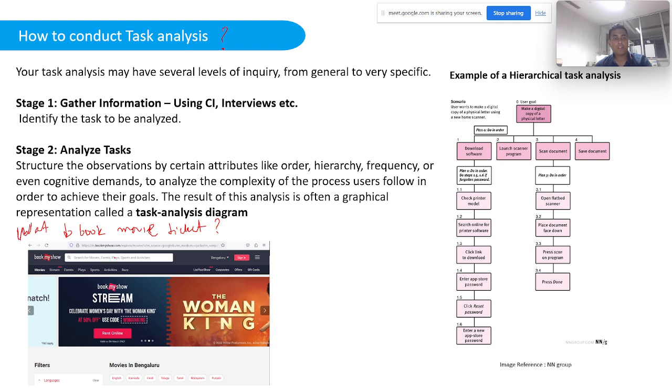Now his goal is to book a movie ticket, so you will have a central goal. This is book movie ticket. And then you will have a set of activities. For example, the very first activity probably will be, for example, open BookMyShow.